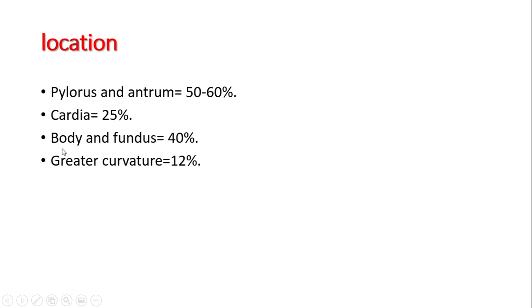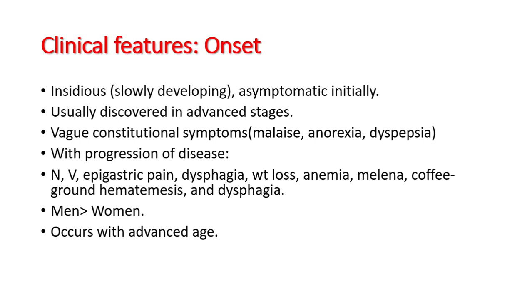Body and fundus involvement can happen on a background of chronic autoimmune gastritis, and the greater curvature to a lesser extent. So the entropylorus is the most common location.